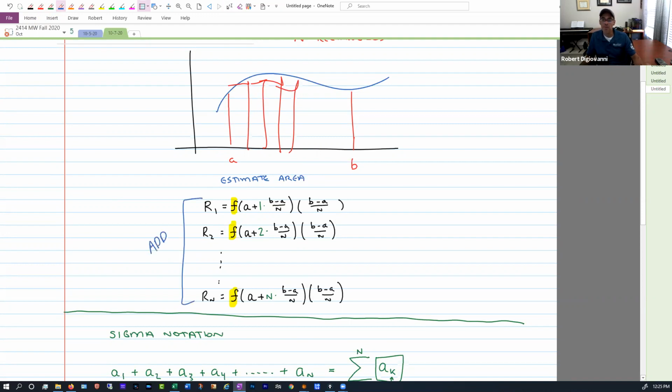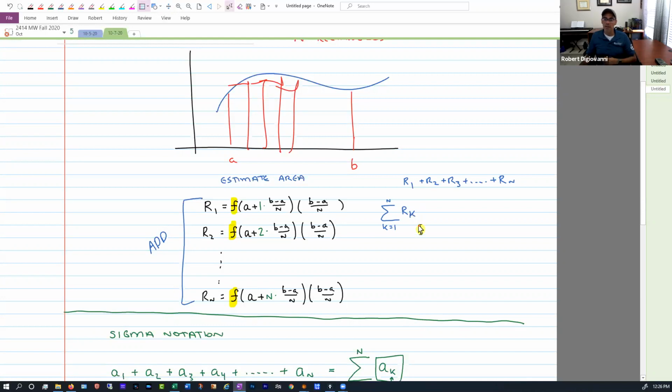I need to add those. So that means I need to do rectangle 1 plus rectangle 2 plus rectangle 3 all the way out to my nth rectangle, right? What's sigma notation for that? Sum k equals 1 to n of r sub k.